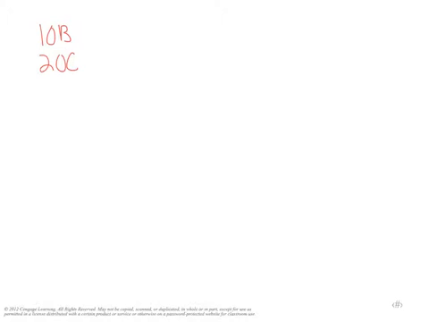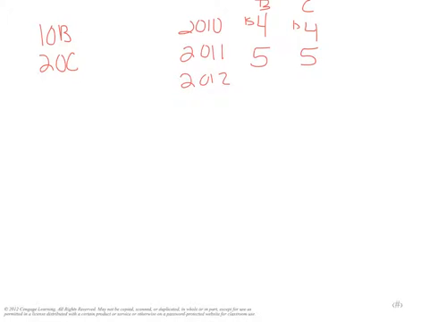Our prices in 2010 for beef was $4, and I'll put a little B there. And for chicken was also $4. And then 2011 price was $5 for each. And 2012 beef went up to $9, and chicken is at $6.